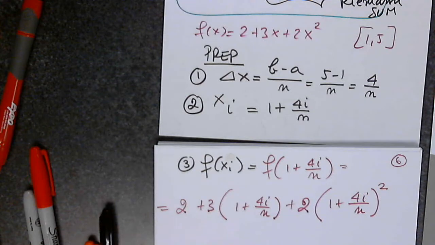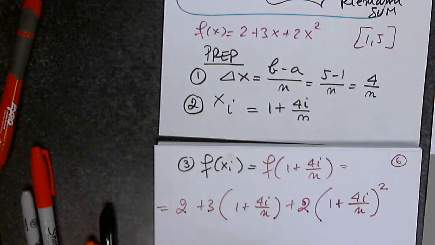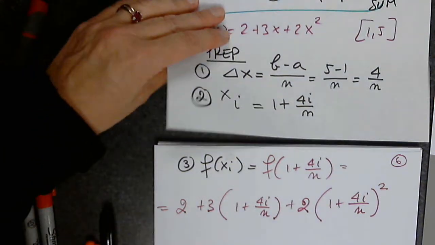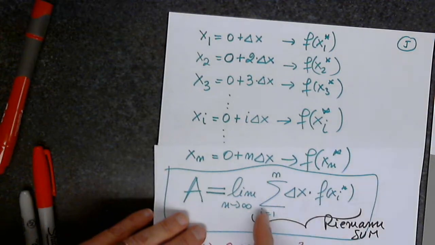Do we understand this step? I just plugged xi into the function. Are we okay? This is not enough. I have to completely simplify this, because I'm going to have to put it in summation notation.